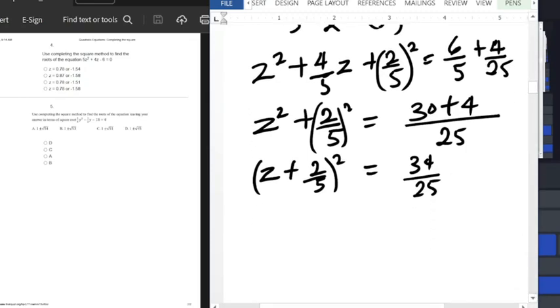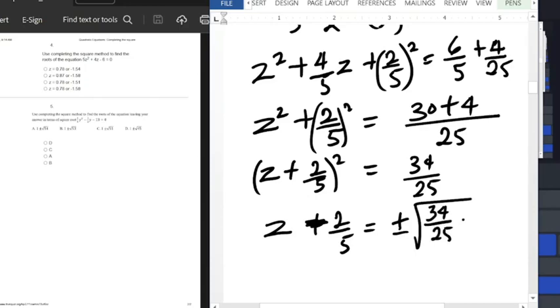So the next stage, the square root will come and square here. That will be plus or minus 34 all over 25.